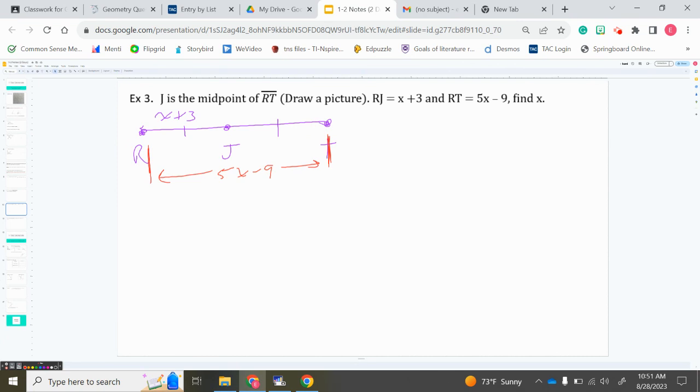Now, they don't want us to just find x, which helps out a lot, but let's think about this. If we know these 2 parts are congruent, what do we know about this part? What is this part equal to if both parts are congruent?